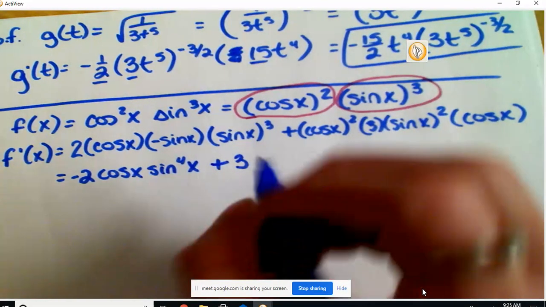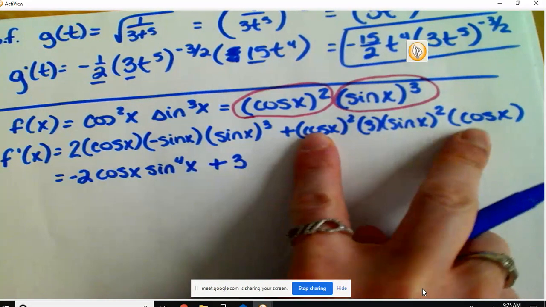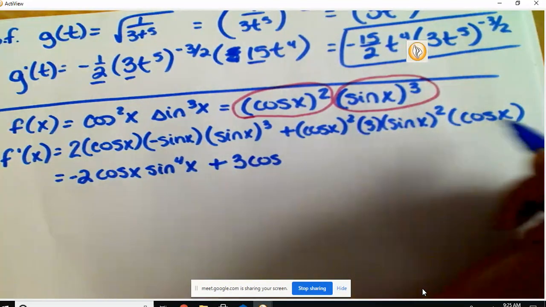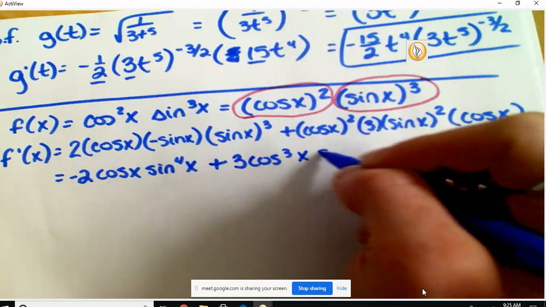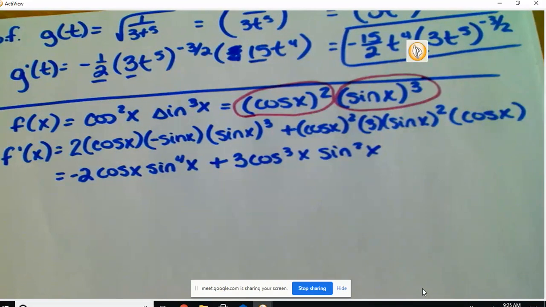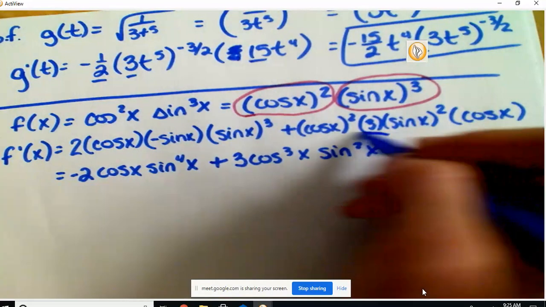I have a sine squared, and I end up with cosine to the 3rd if I put those together. You could factor out greatest common factors and things, but this is the form I left my answer in. So that is all we have to do.